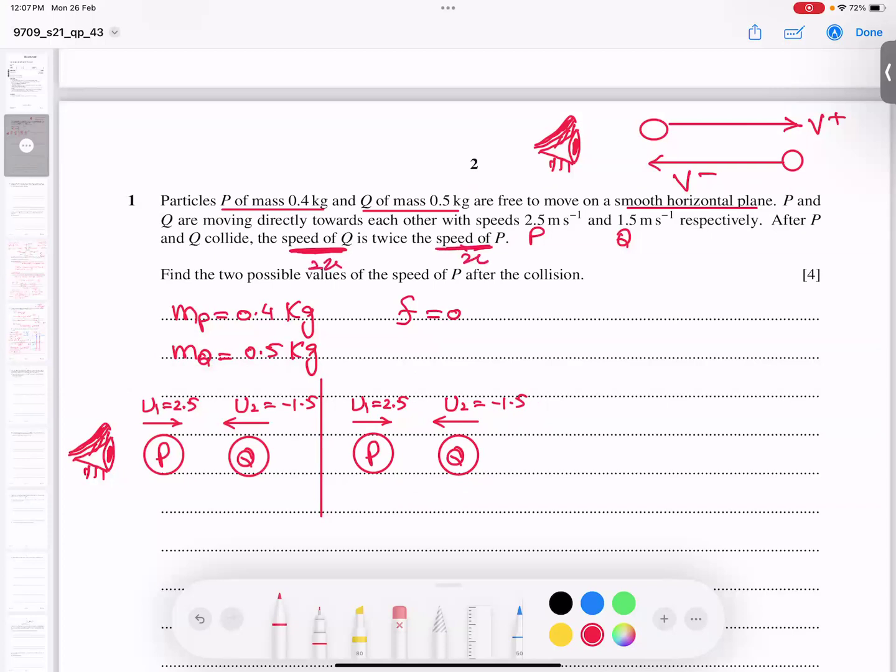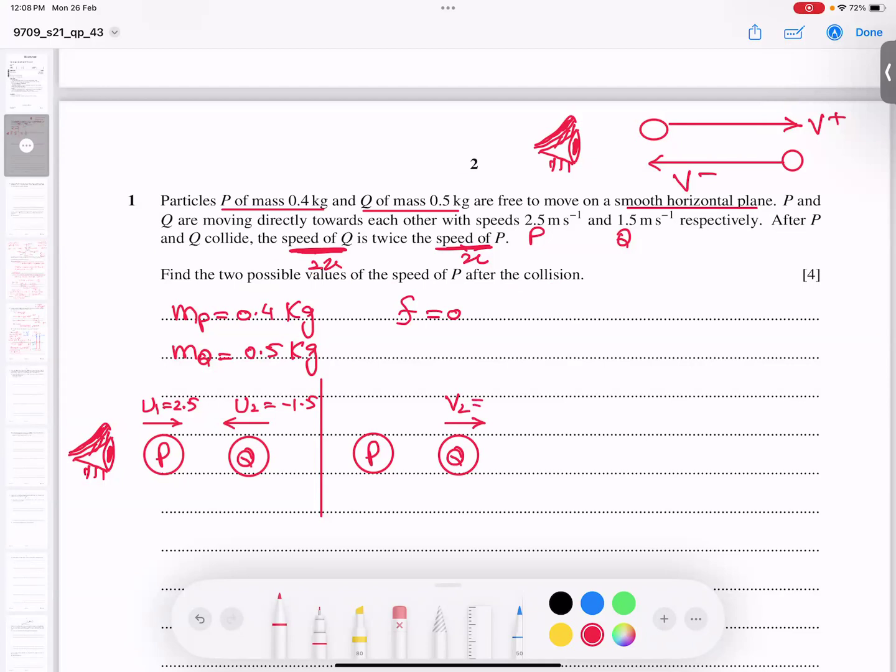He said find two possible values of the speed of P after collision. So 100% when P hits Q, Q will go right hand side. There's no choice for Q. This is called V2, and V2 is our target.